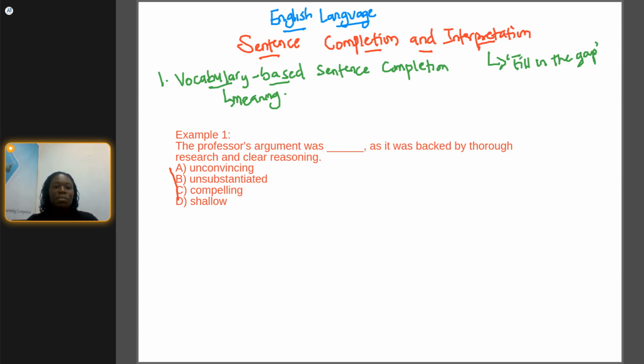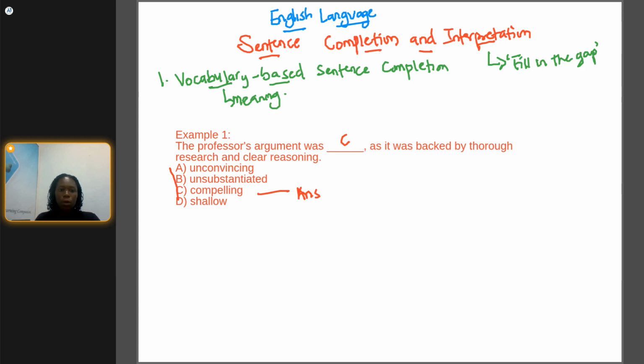If you replace the word with its meaning, you can see that it still fits: the professor's argument was very convincing and persuasive as it was backed by thorough research and clear reasoning. So the most appropriate answer to fill in this gap is option C. Here is our answer.